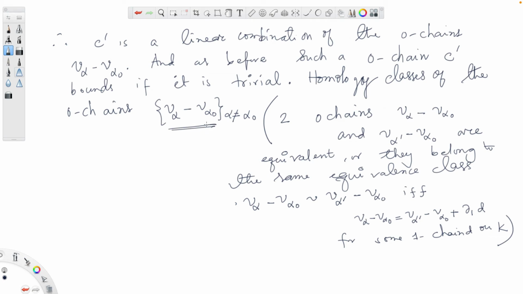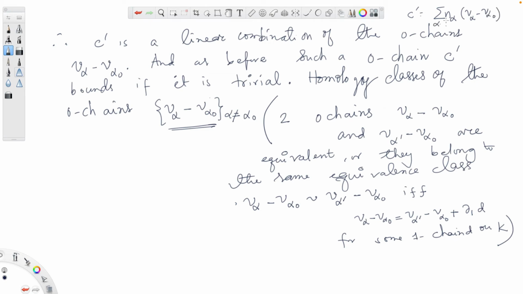Okay, it's a collection of equivalence classes, and since we have written down C prime as the linear combination of such expressions, right? n alpha times V alpha minus V alpha 0, right?